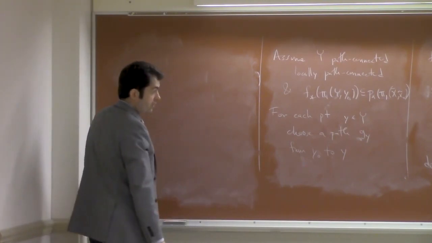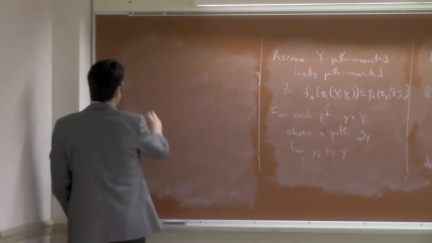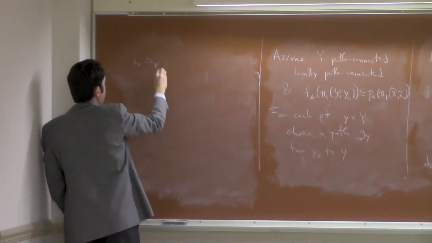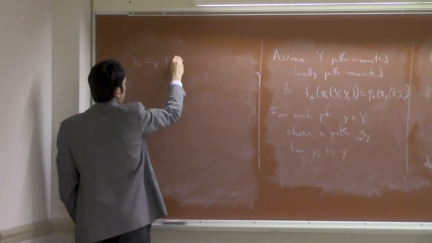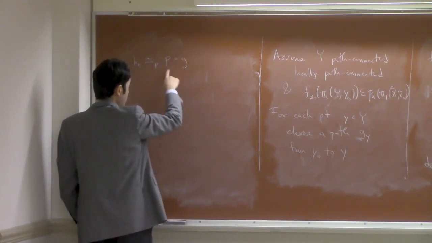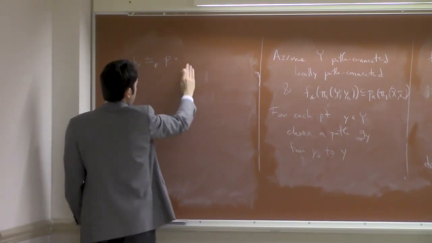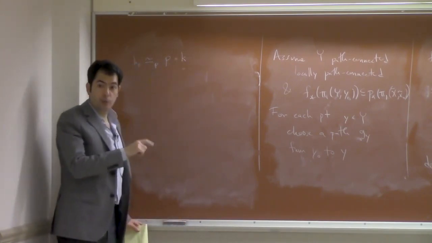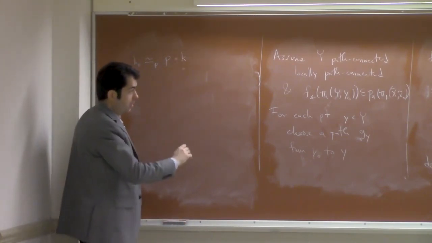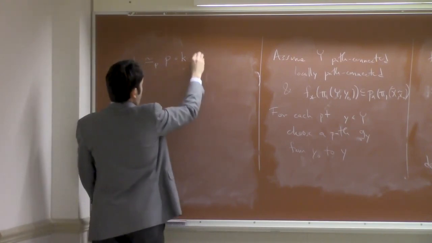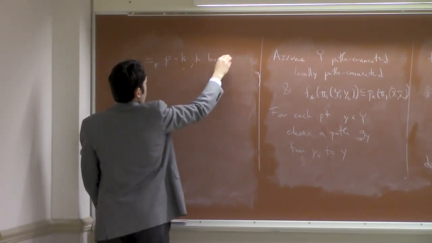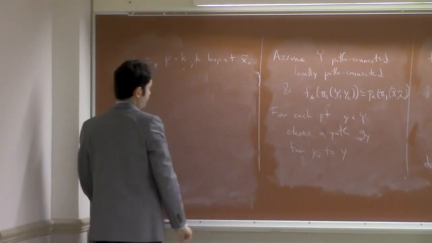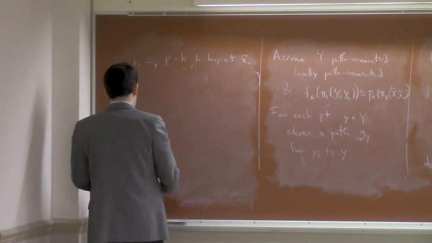Right? So that says that H naught is path homotopic to the image of a loop upstairs along p. Right? So, okay, a loop at x naught tilde.